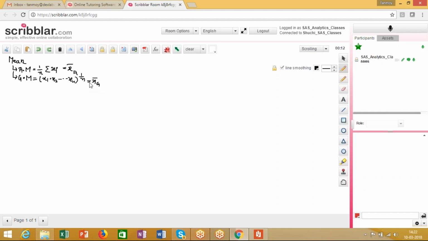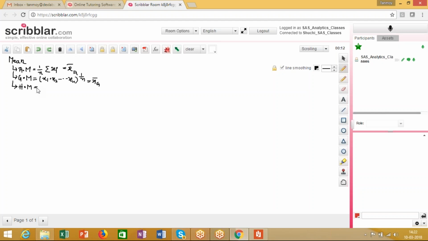Now, the third type of mean is called the harmonic mean. What is the harmonic mean? It is the reciprocal of the mean of the reciprocals of the observations.